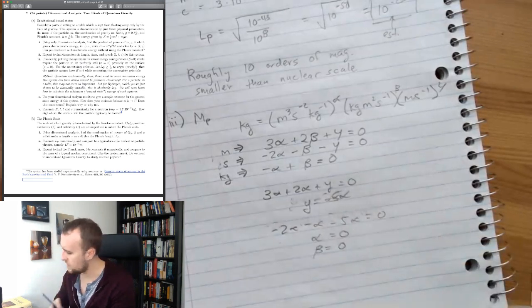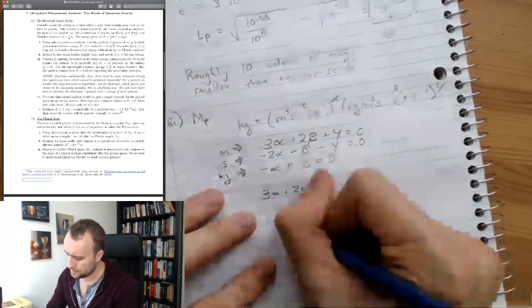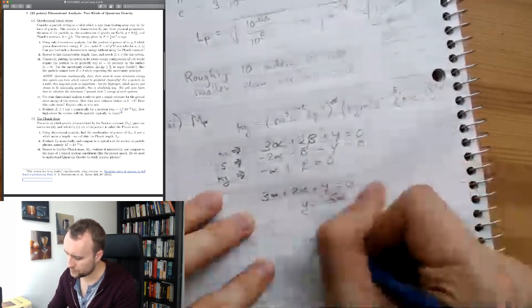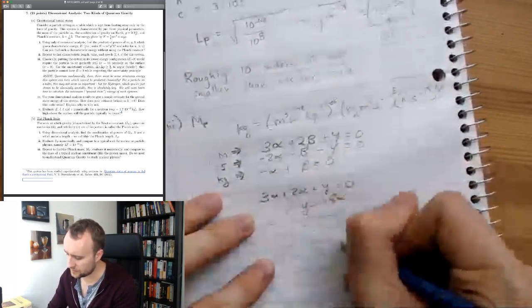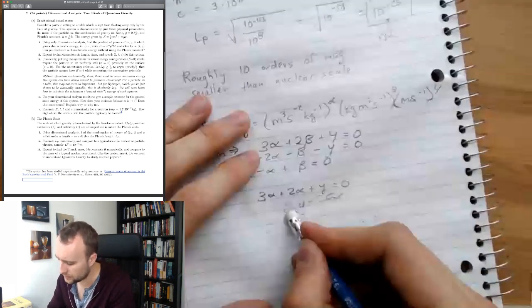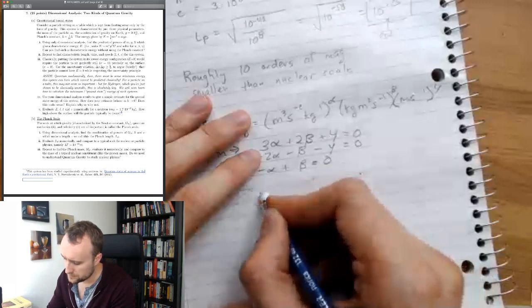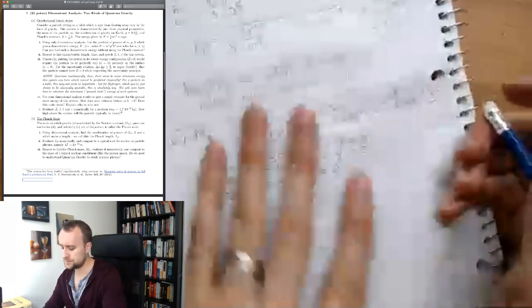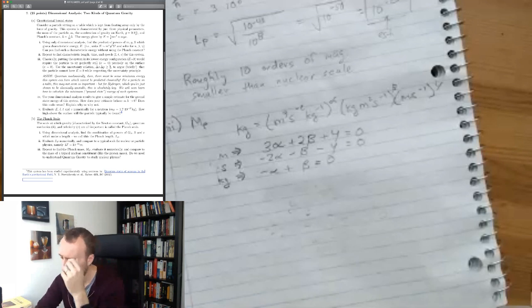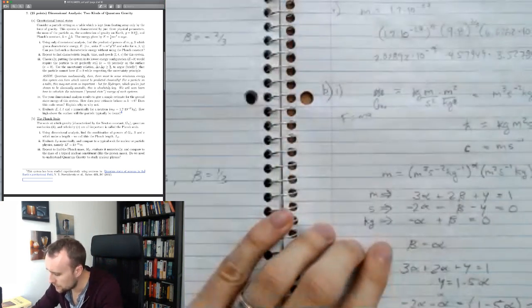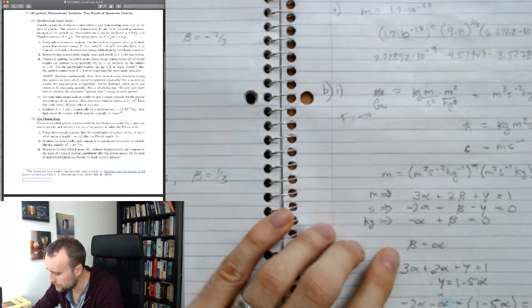No. So there's a possibility I set up this linear set of equations wrong because I'm only getting degenerate solutions. Did I forget something? So this is what I had last time, is it not? 3 plus 2 plus y equals 1.